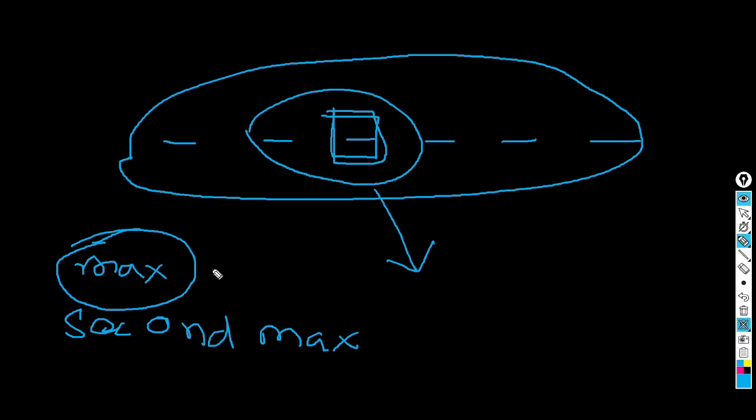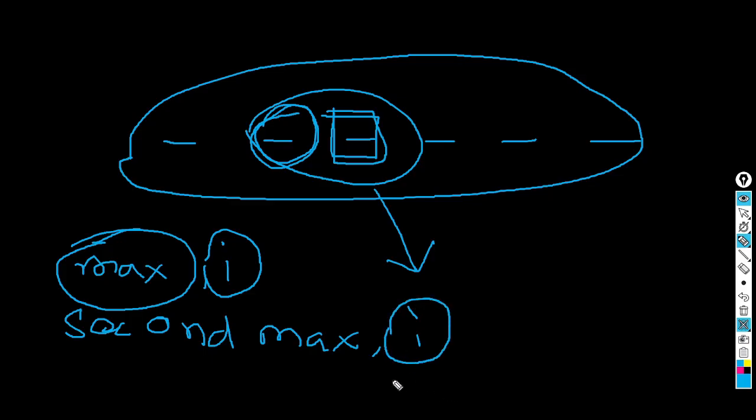So if we are storing the index along with this, suppose the first index of the pair which is contributing, if we are storing that along with the max and second max, then we can use this index and see if we still use this contribution or not, right?